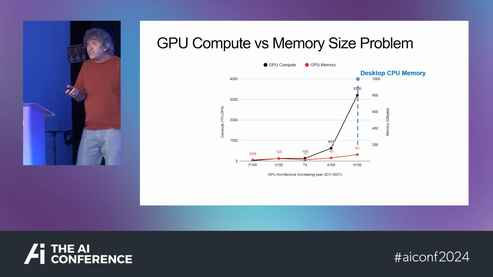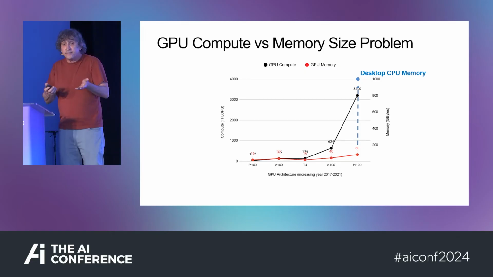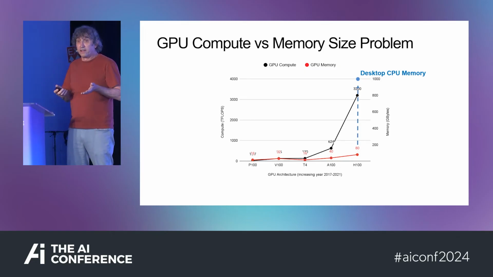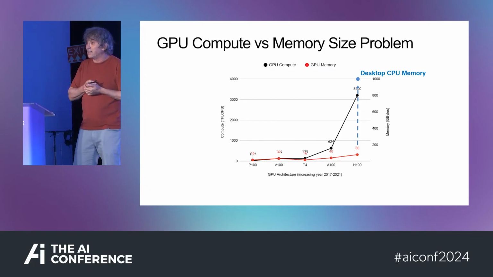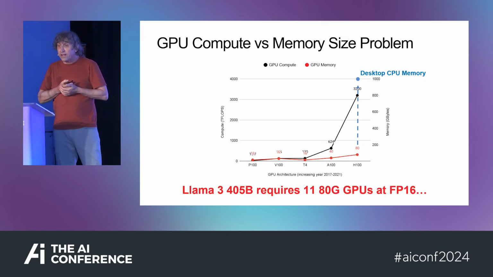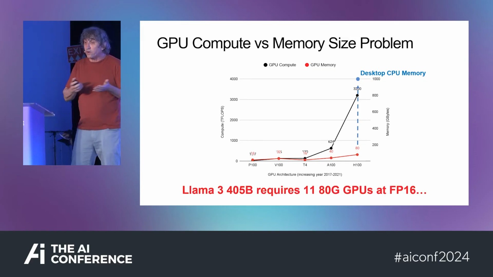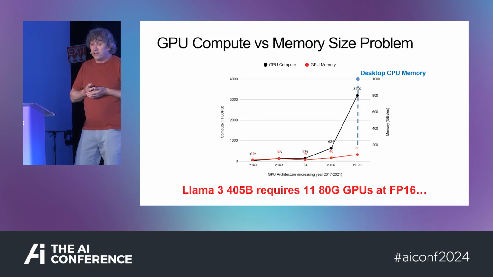Your desktop can hold a brain, but an H100 can't. In fact, if you want to represent Llama 405B, you need 11 GPUs, 2 GPU nodes of 8 each. And that thing is extremely wasteful.